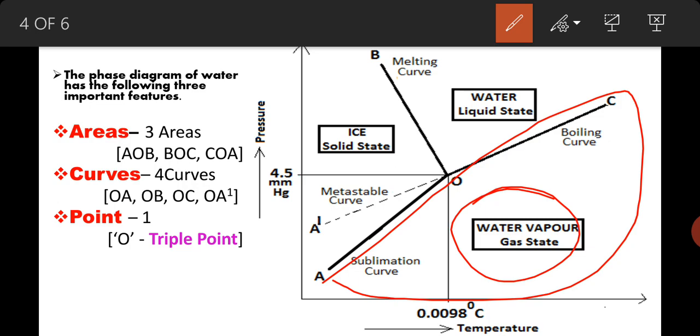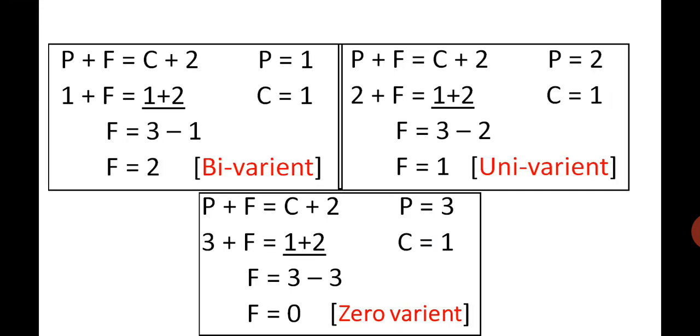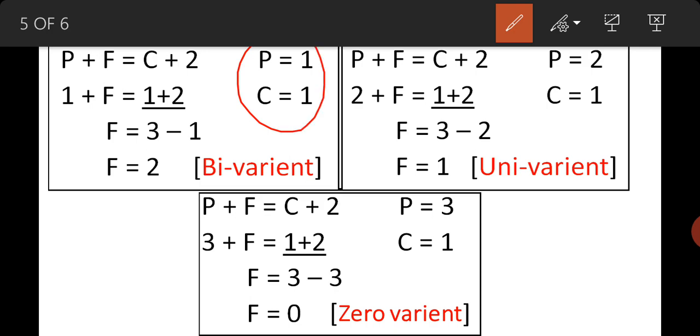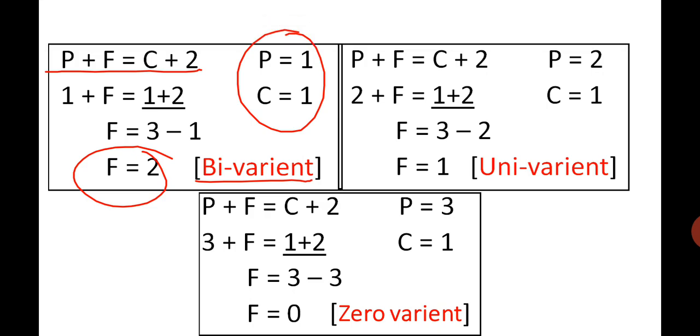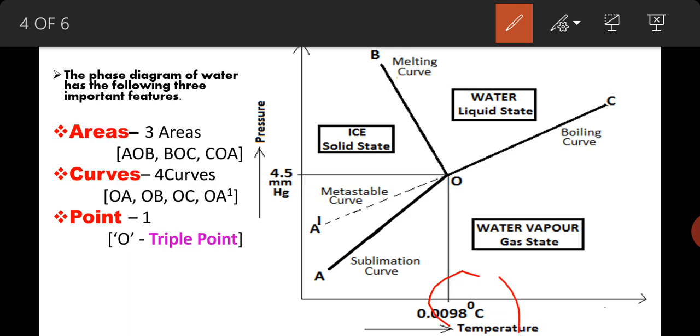Here also the phase equals 1. In all areas, the phase value equals 1 and the component value equals 1. Substituting these two values in the phase rule, we get F value equal to 2. This is called bivariant. It means that in each area, the system depends upon two variables, both temperature and pressure.